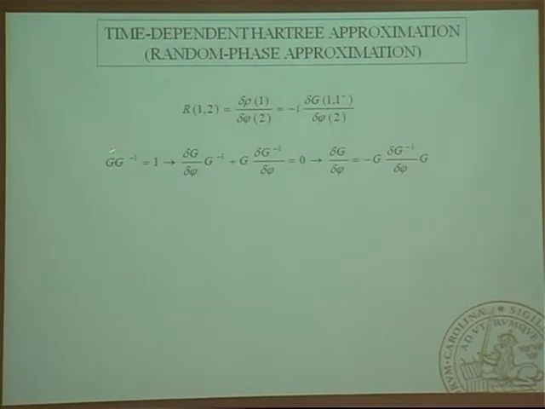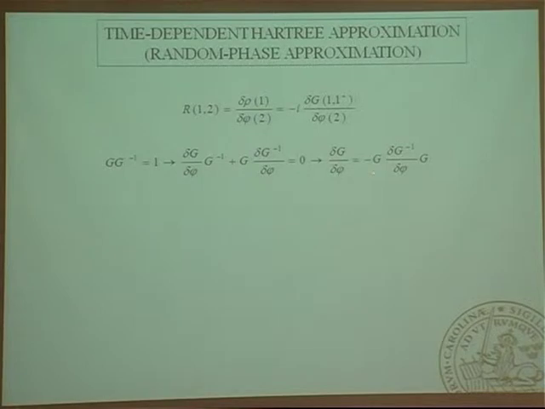And if we take the functional derivative of this equation, then we get two terms, one from the G and then one from the G minus 1. But the right-hand side is a constant, so it is equal to 0. And so we get an expression for this dG/dphi in terms of the Green's function and the derivative of the inverse Green's function with respect to the field.